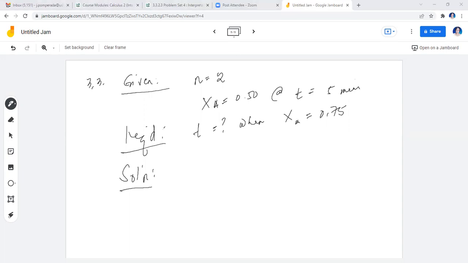For case 2, thank you, Dexel. Let me check. Okay, Dexel is correct. So 1 over CAO times XA over 1 minus XA is equated to the product of K and T.